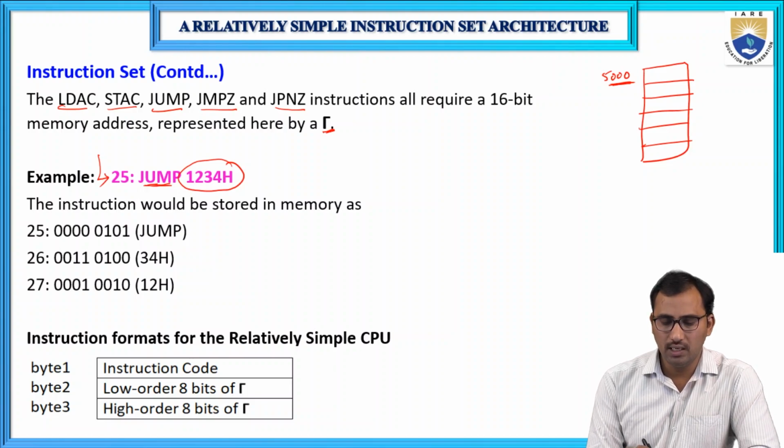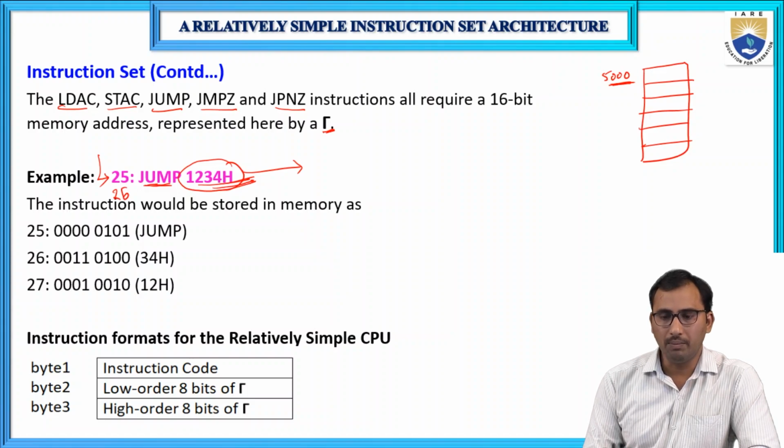What is the next address? The next address is 26, but the program control is not transferred to the 26th memory location. Instead, it is transferred to a new address specified in the address part of the jump instruction.